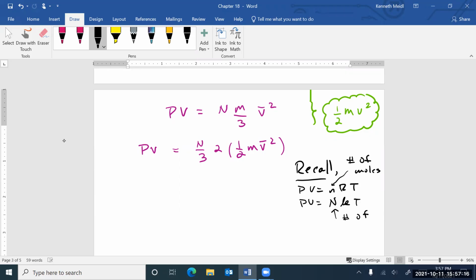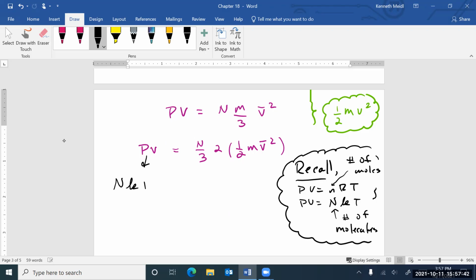So capital N, the big N for the big number, right? A lot of molecules, a number of molecules. And so when you start putting all these different aspects of the motion of these objects together, this PV right here can be thought of as an N times a k times a T. So we can substitute that out.